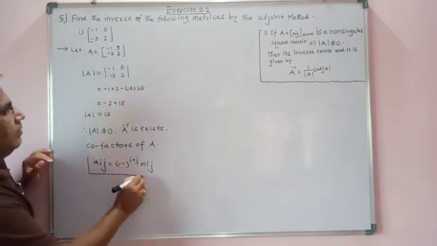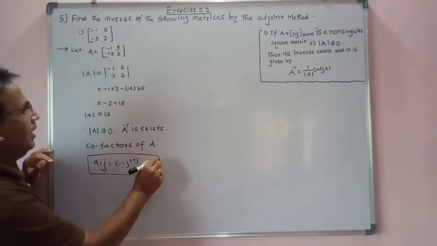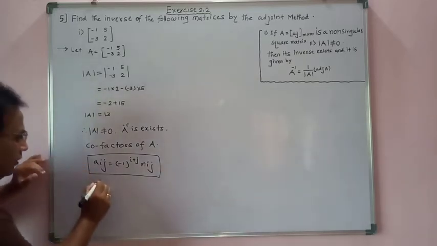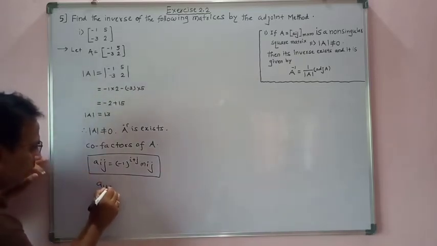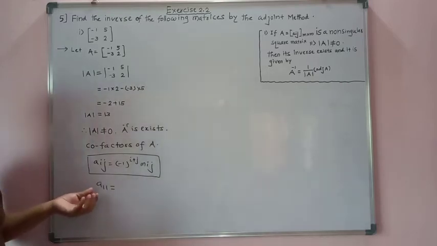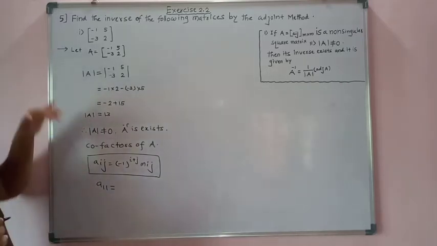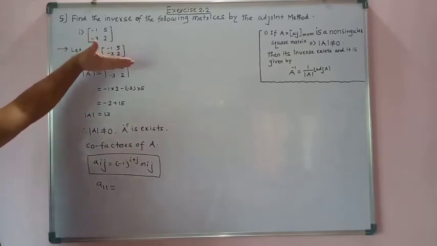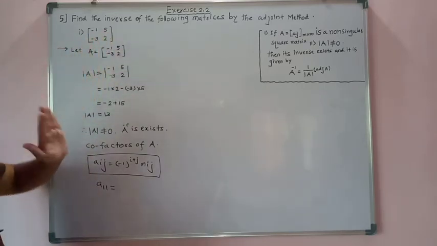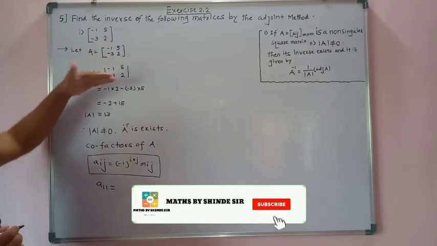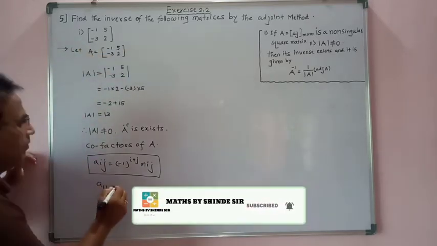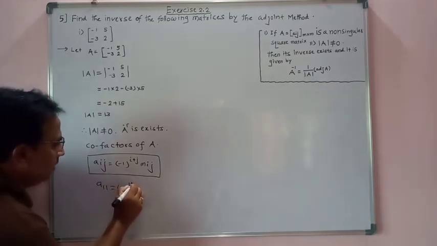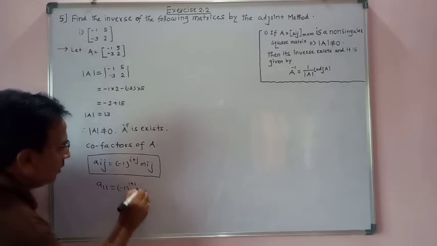Therefore first cofactor is A11. What is the value of A11? Leaving off first row, first column. Therefore A11 is -1 raised to 1 plus 1 into M11.